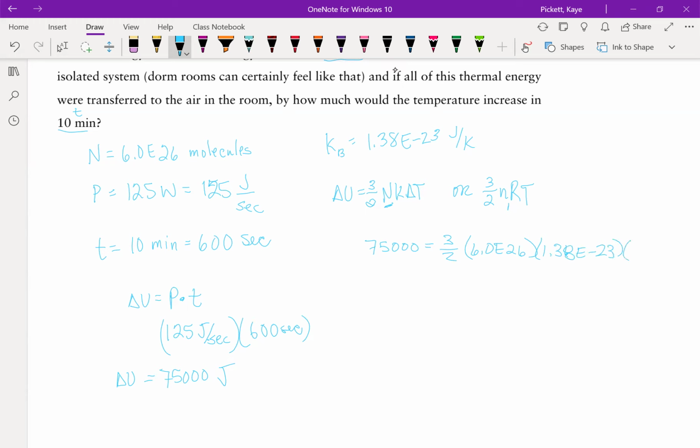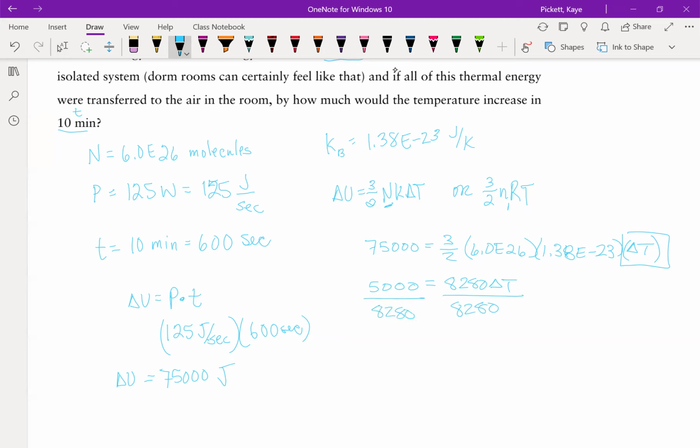And my delta T is my variable. That's what I'm actually looking for. So when I multiply both sides by 2/3, I'm going to get 50,000. And I'm going to multiply those two things together, and I'm going to get 8280 delta T. Divide both sides by 8280.